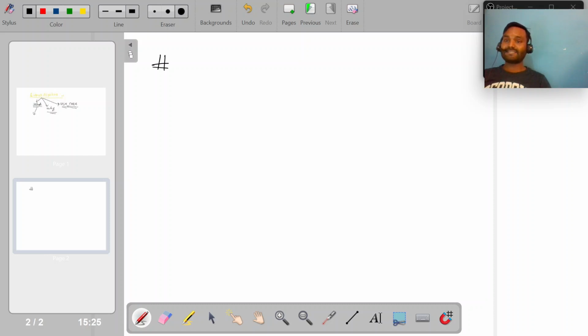So a matrix is a rectangular array. A matrix has rows, which are horizontal, and columns, which are vertical. So this is the introduction to the matrix.